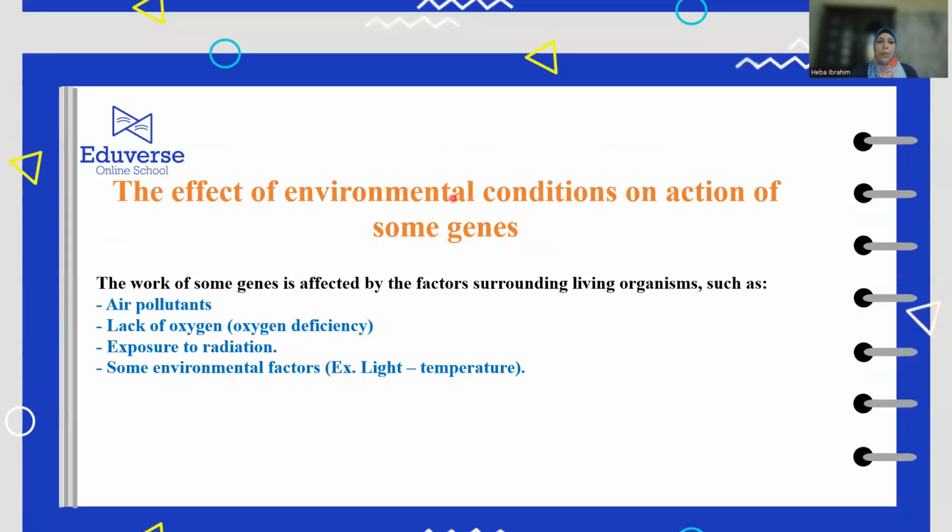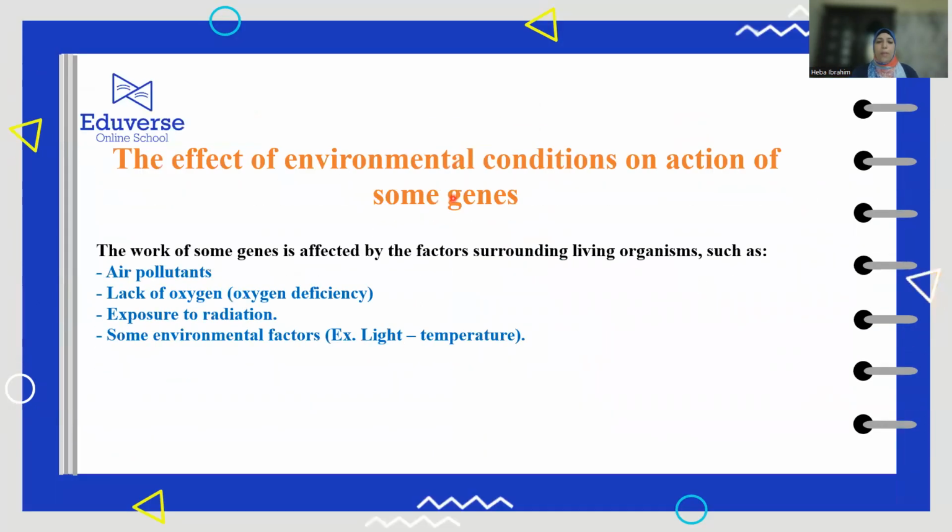Before starting the fourth non-Mendelian case, we have to know that there are some environmental conditions affecting the action of some genes, like air pollutants, lack of oxygen, exposure to radiation, and environmental factors like light and temperature.